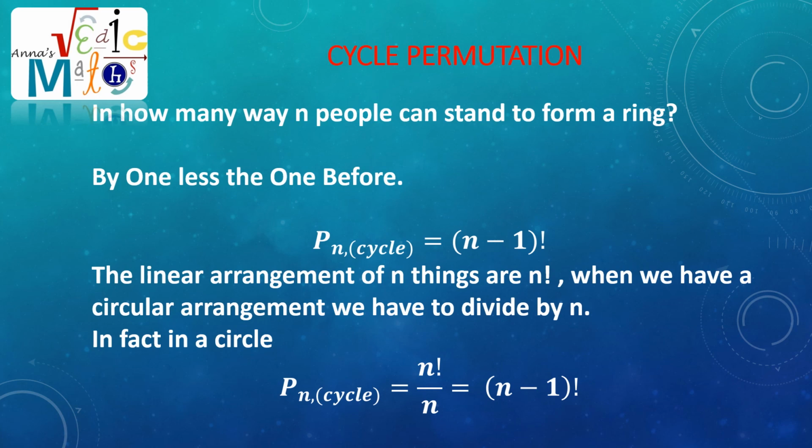The linear arrangement of n things is n factorial. When we have a circular arrangement, we have to divide by n. In fact, in a circle, the permutation of n elements in a cycle is equal to n factorial divided by n, which equals n minus 1 factorial.